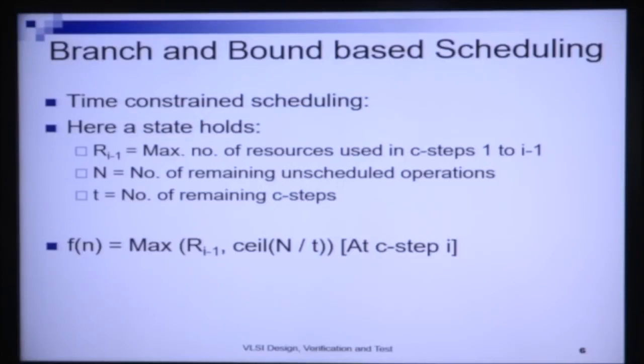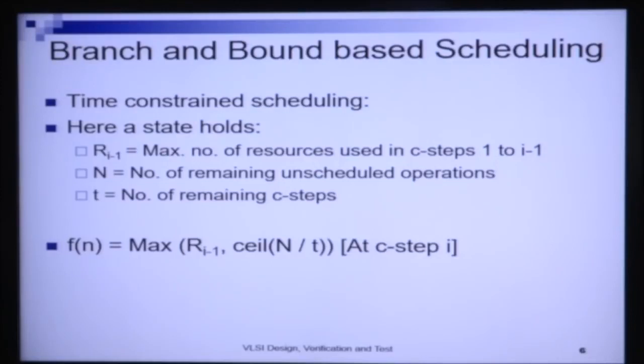Now n, at that state, gives me the number of remaining unscheduled operations and t is the remaining number of C steps. Now for the resource constraint scheduling problem, we wanted to minimize the number of C steps in which I want to schedule. Here I am given the number of C steps that I have.